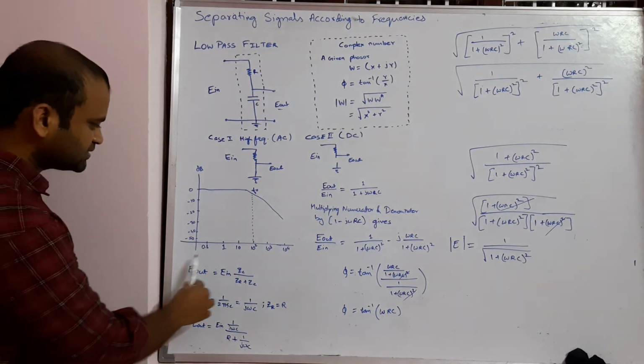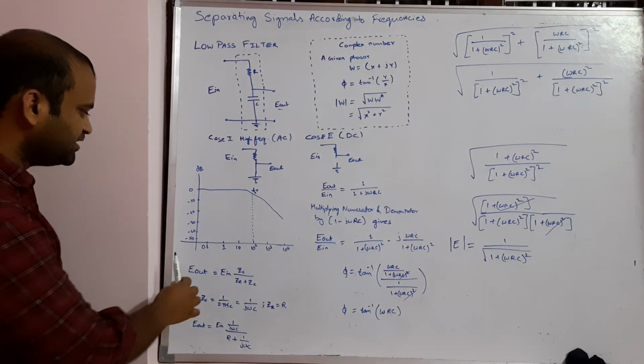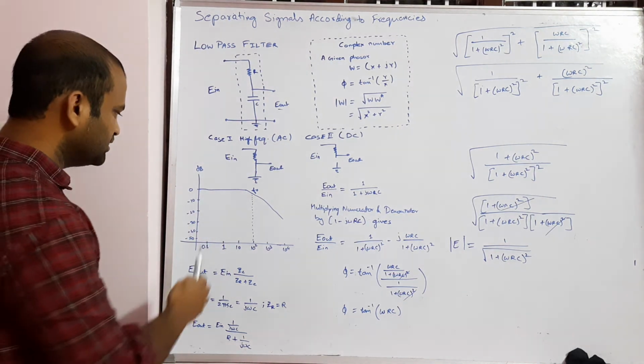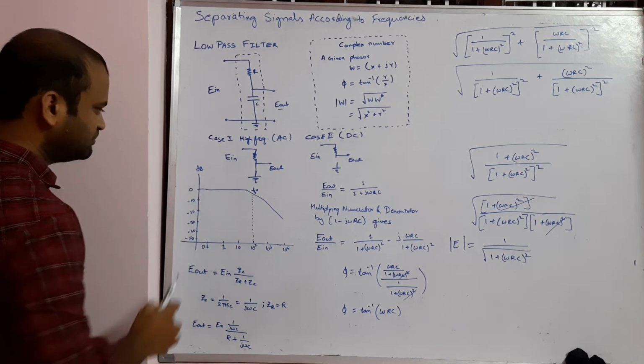Now look at this diagram. Here we have a log to log plot, and this is the frequency range and this is the dB value.